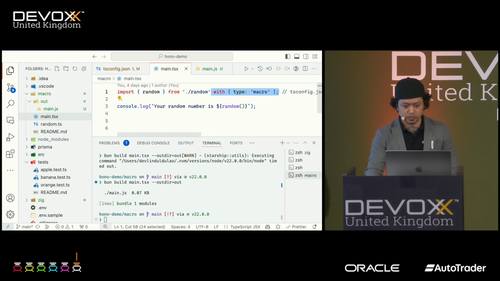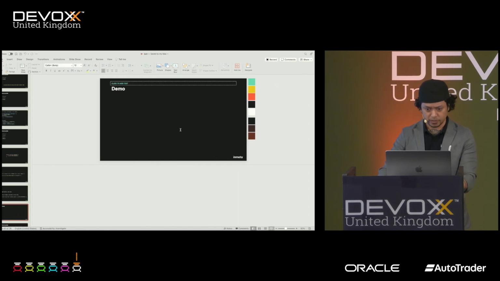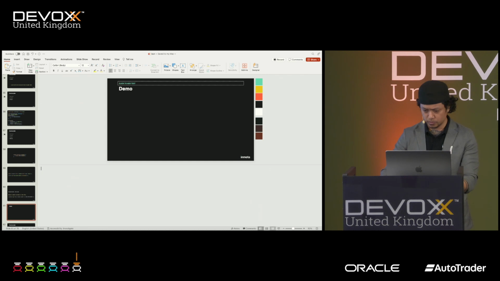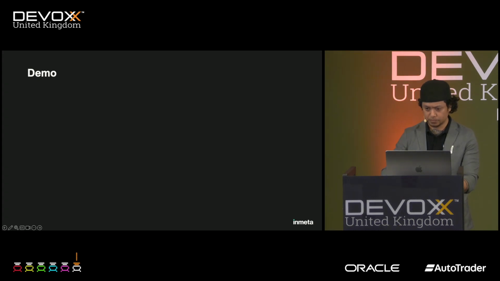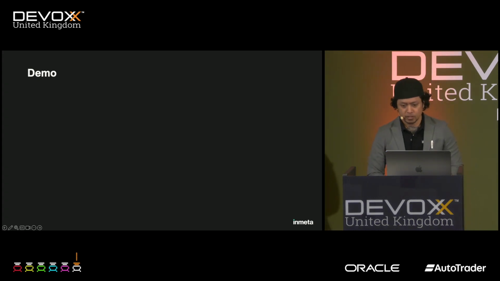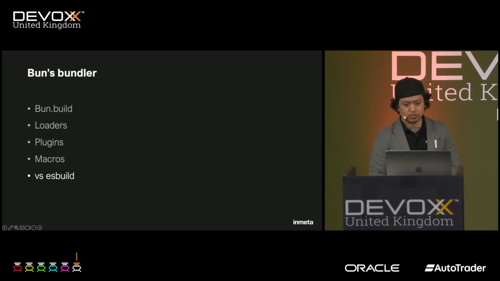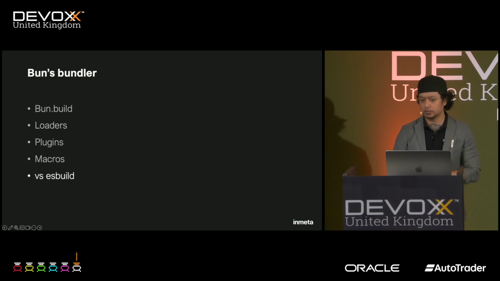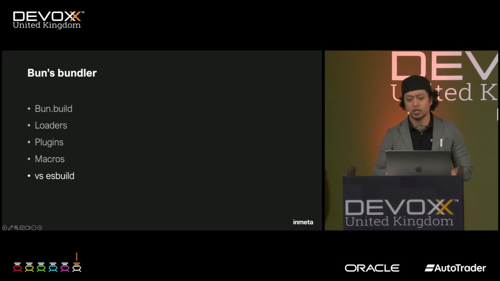So, yeah, we can now move back here. Okay. What about versus esbuild? Just comparing esbuild and Bun, there's no bundle flag, because it's always bundled by default in Bun.